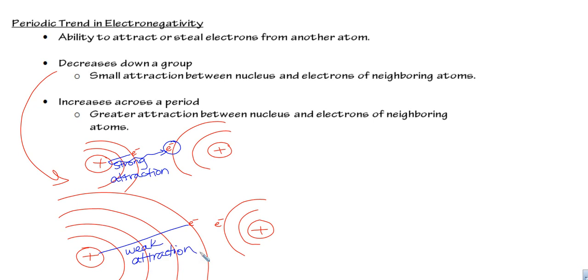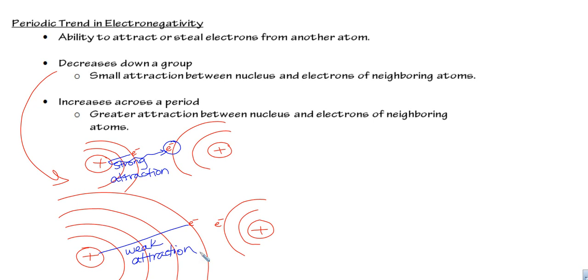Well, it's just naturally weak in a large atom for a couple of reasons. Number one, distance. The electron is far from the positive nucleus. And number two, shielding effect. All those inner electrons and orbitals are going to block the attraction between the nucleus and the outermost electrons.